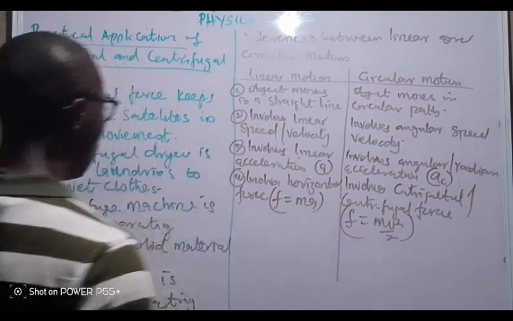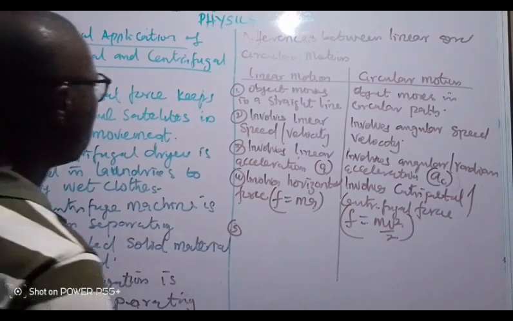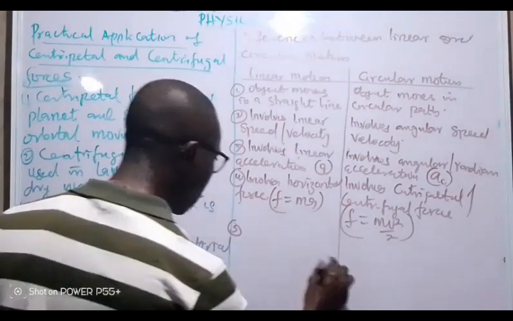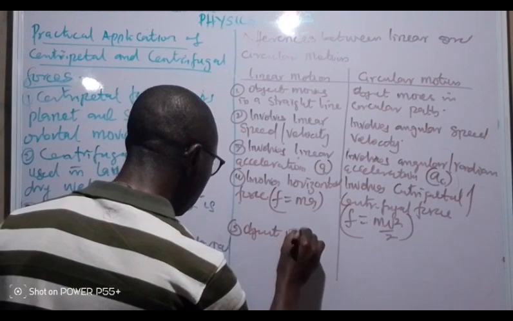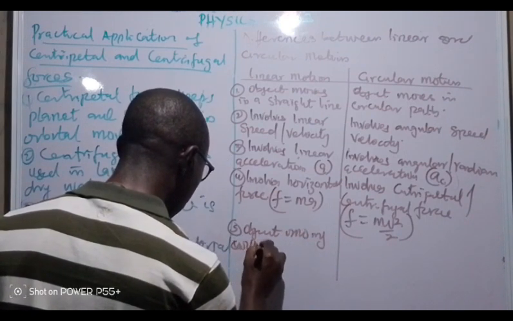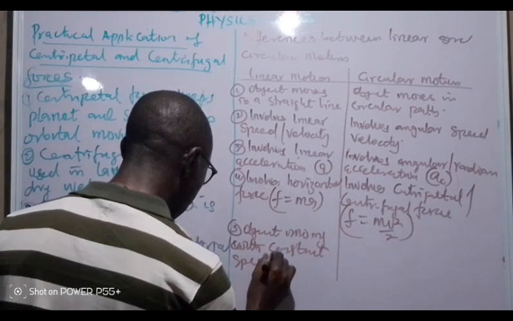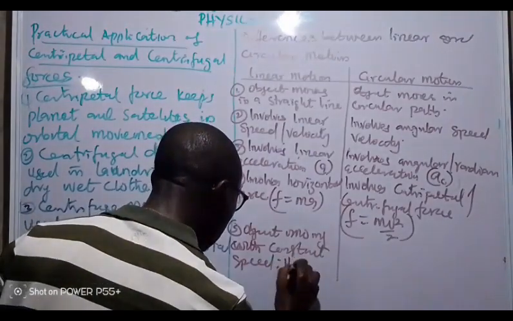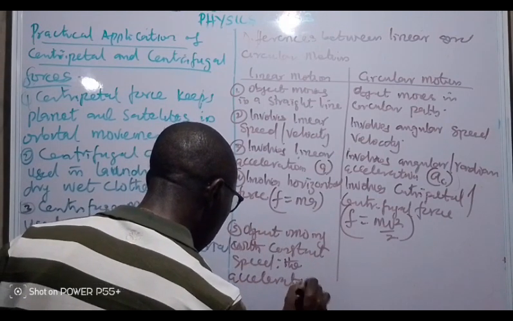Number 5, under linear motion, an object moving with constant speed, the acceleration is 0.